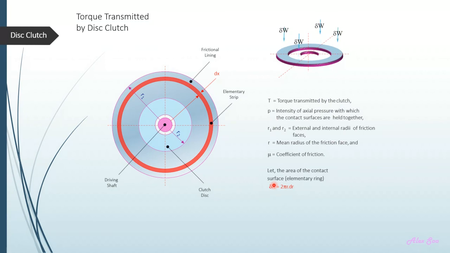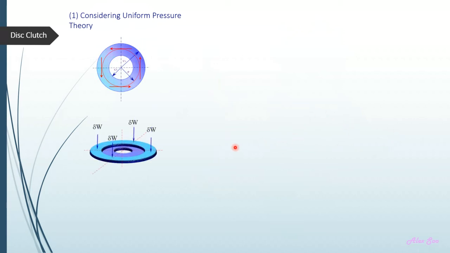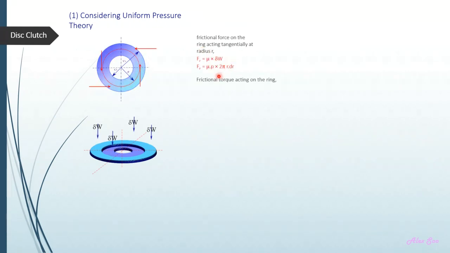But for our case, we don't need to learn the derivation of the torque transmitted formula for the two different cases. The first case is the uniform pressure theory. I will just go through this. The main thing we have to do is to remember the main formula for this theory. I will just simply go through like this.